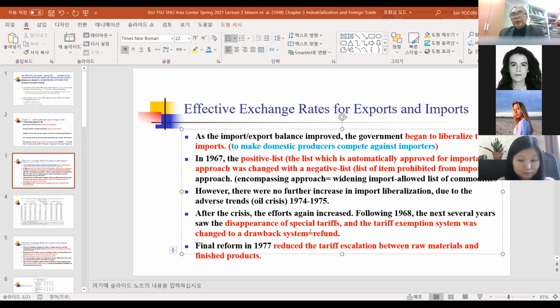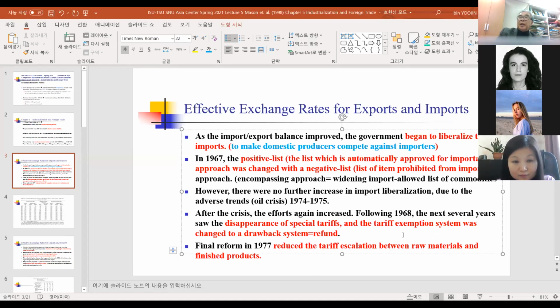Tariff exemption is something like this. Suppose you want to export your products, you need some raw materials. For raw material imports, if you are going to export after processing that raw material, your tariff payments are exempt. That's the tariff exemption system.